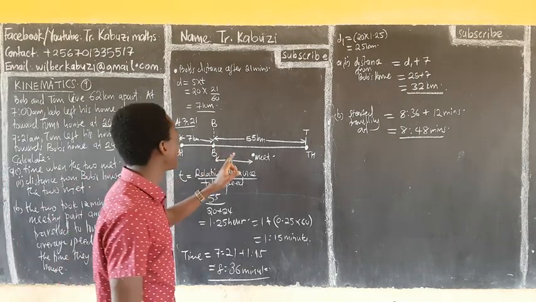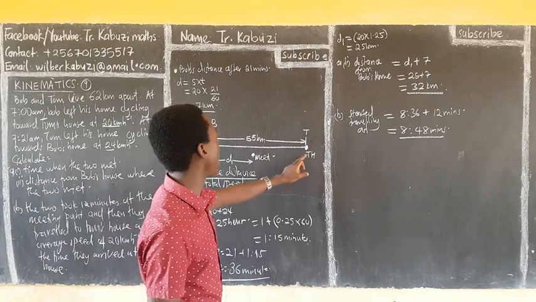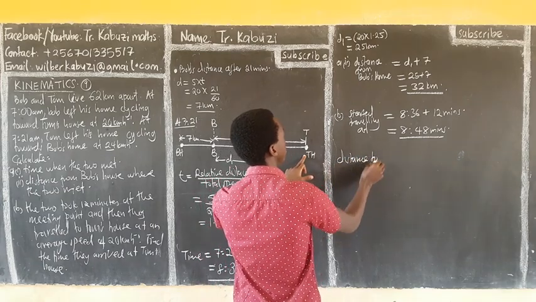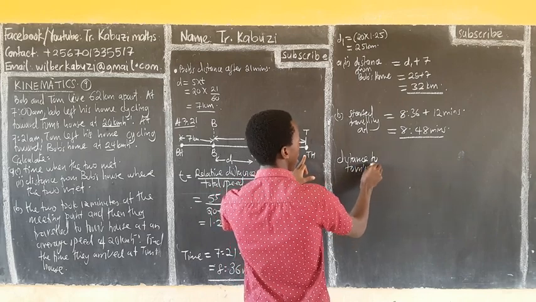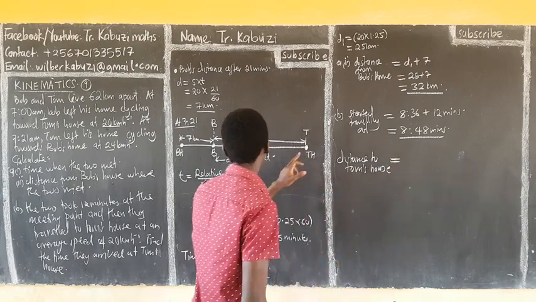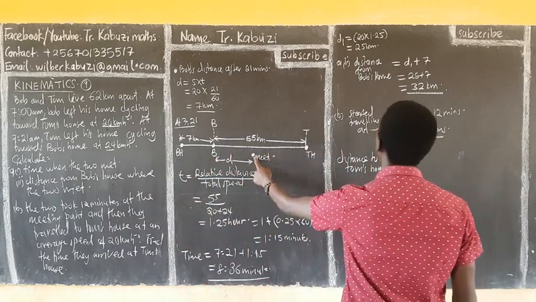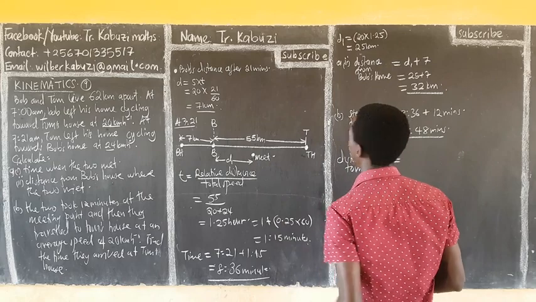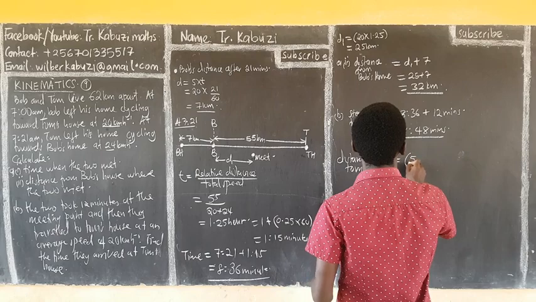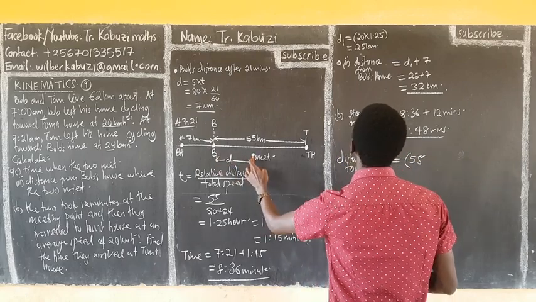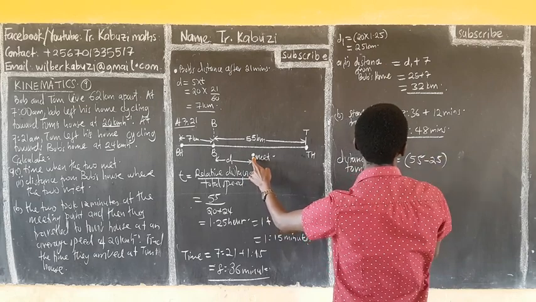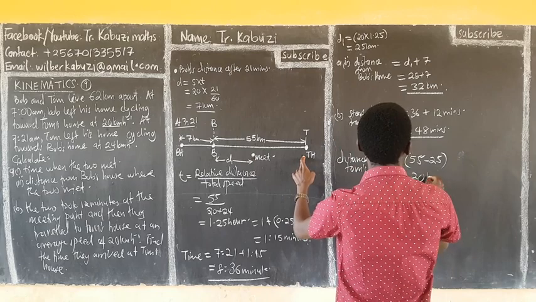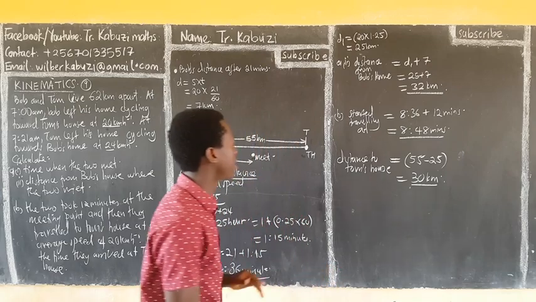From the meeting point, since from Bob's starting point up to here is 25, I take 55 minus this 25. The distance to Tommy's house from here is 30 kilometers.